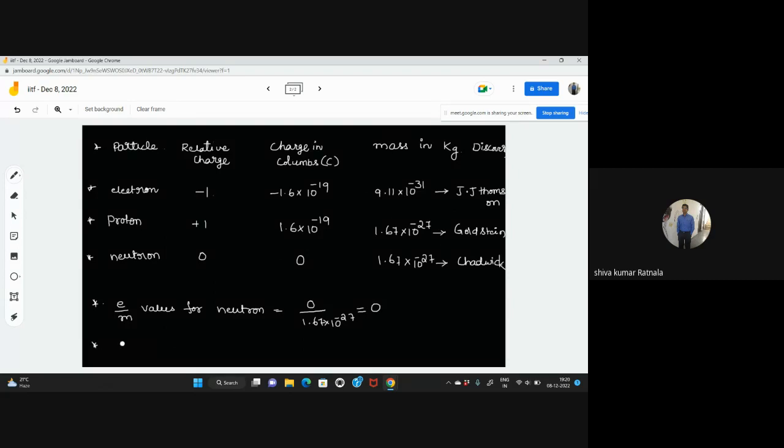And e by m value of proton is 1.6 into 10 to the power of -19 coulombs upon 1.67 into 10 to the power of -27 kg.